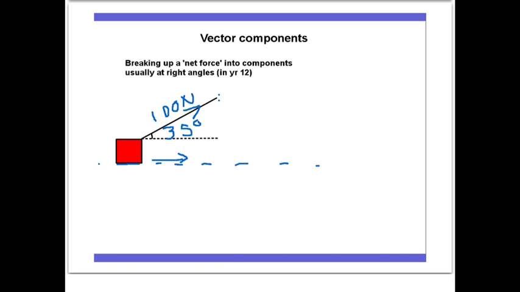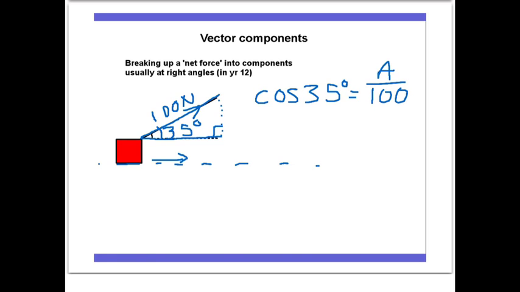So we make up our right angle triangle, and we see we have the adjacent side here and the hypotenuse along here. So by our knowledge of trigonometry, we know this is the cos ratio. So we can write the cos of 35 degrees equals the adjacent, we'll call it A, over the hypotenuse, 100. And so A is 100 cos 35.